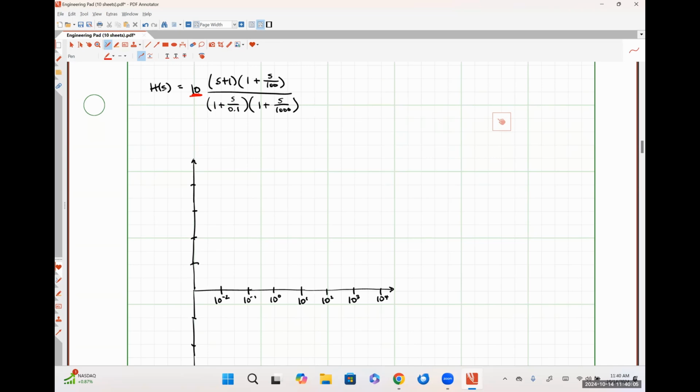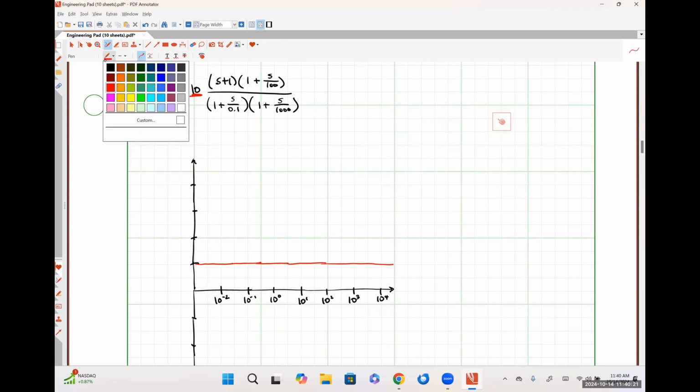So 20 log of 10 is 20. So we would have a constant line at 20 dB from our constant term out front. Now let's do this guy right here in blue.